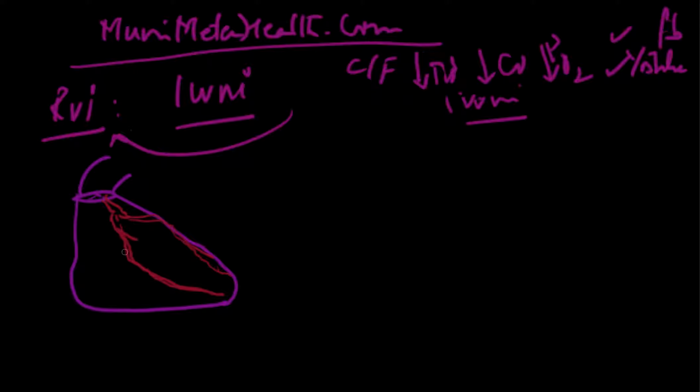And then of course there'll be several very important branches given out from these vessels, and they will again even meet with each other on the other side and supply the entire heart. Now from the right coronary cusp will arise a right coronary artery, if you will, and that courses closer to the right side of the heart border until it meets at the apex towards the left ventricle.